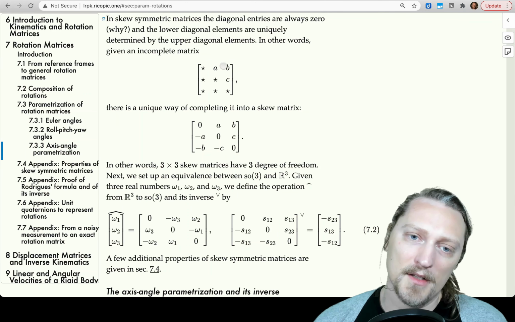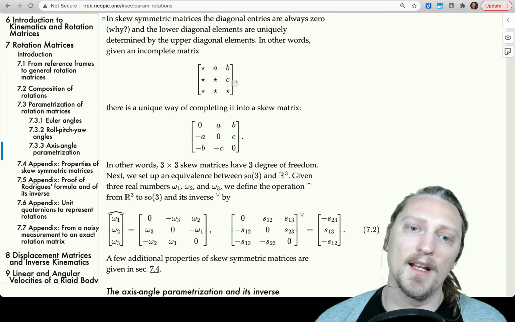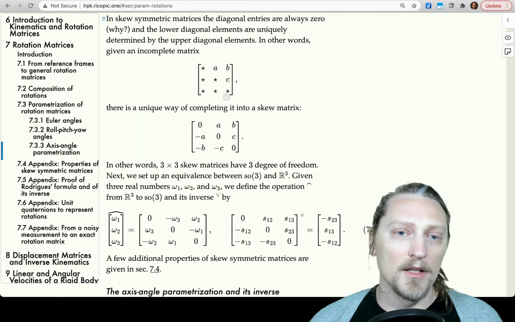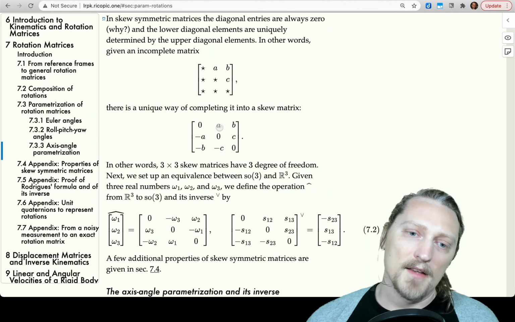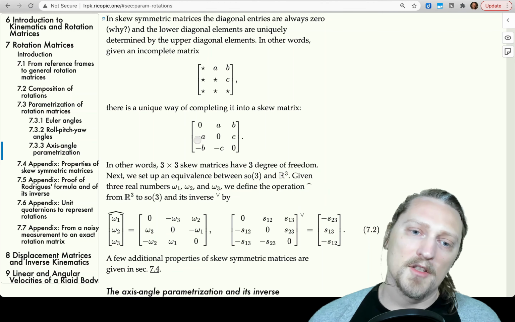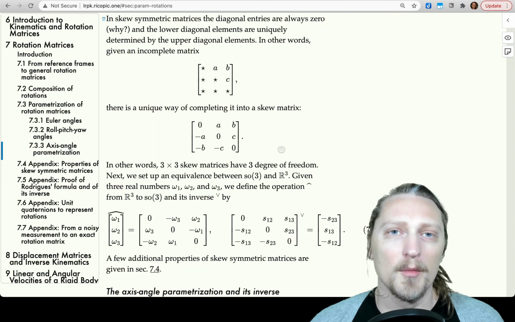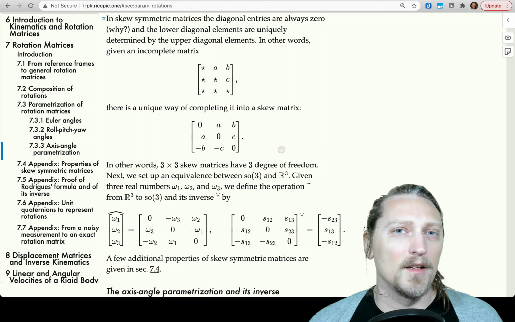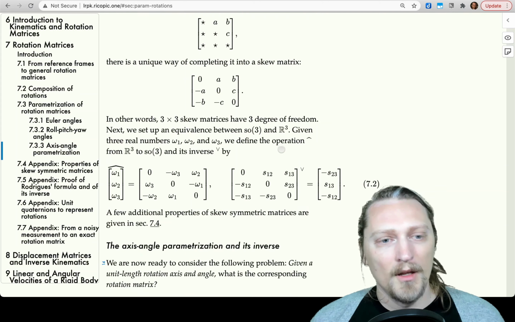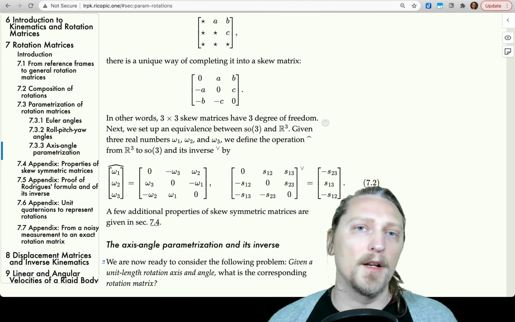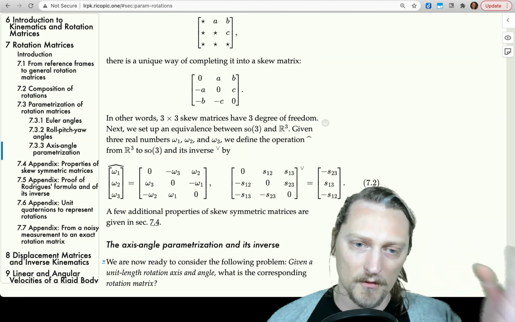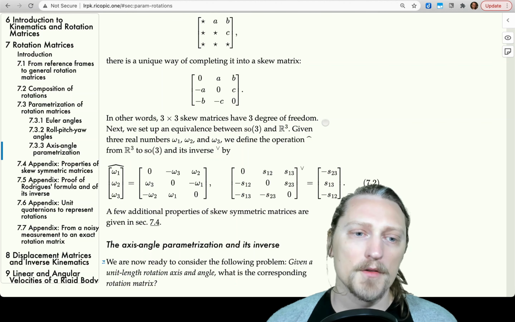So if this matrix that you're given, which has A, B, and C in it, is skew-symmetric, you know what all the stars have to be. The diagonal has to be 0, and it has to have the negative transpose elements in the lower triangle. In other words, 3x3 skew matrices have 3 degrees of freedom. There are 3 entries that you can determine. The rest of them are determined from those 3.